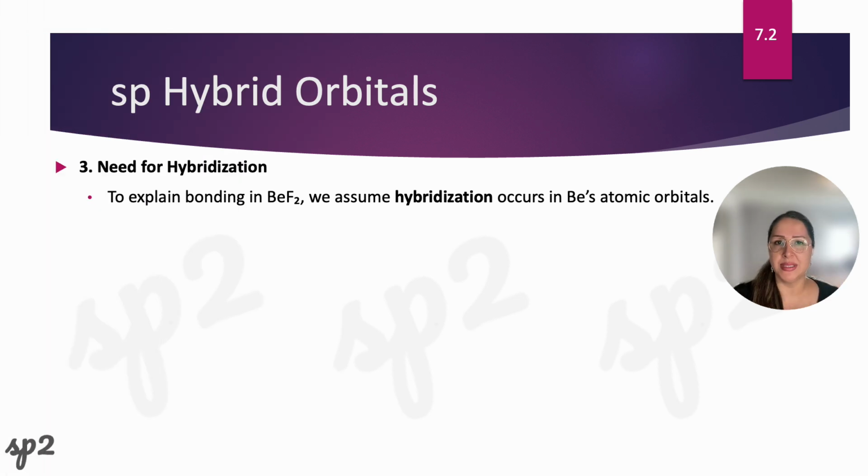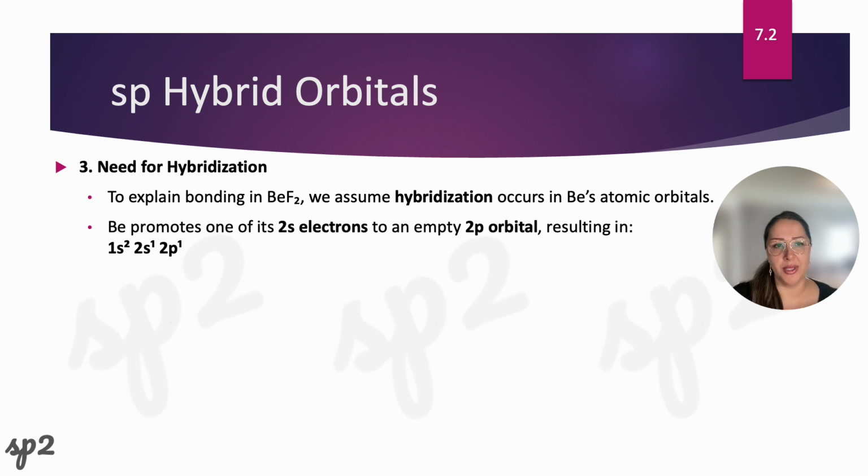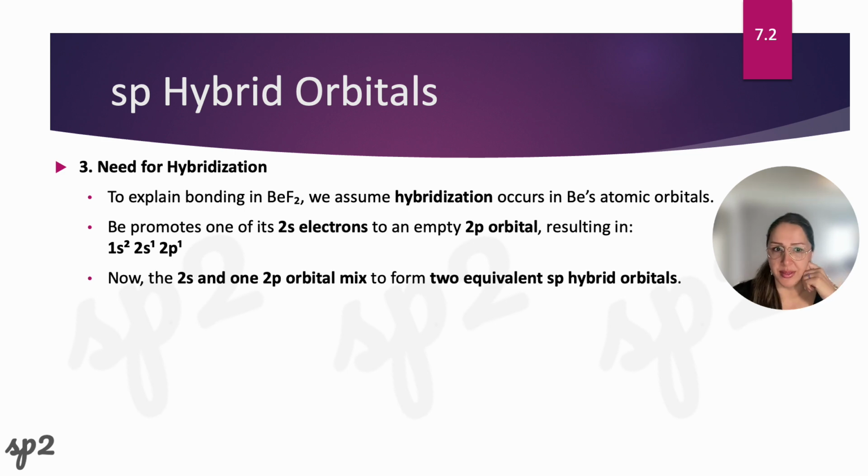Hybridization is actually helping us figure this out. We assume that hybridization is happening for beryllium's atomic orbitals. Beryllium promotes one of its 2s electrons, because we have two of them, to an empty 2p orbital, resulting in this configuration: 1s2 2s1 2p1. Now, as you can see, there are two unpaired electrons.